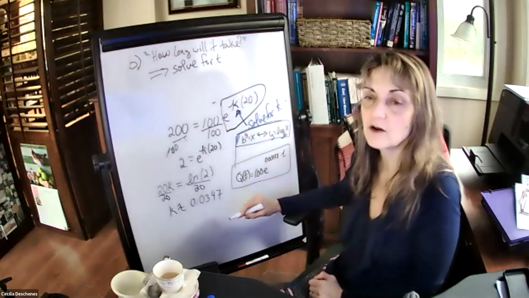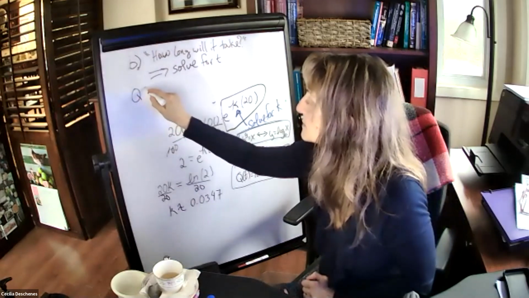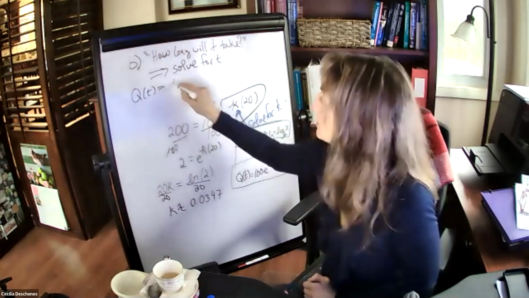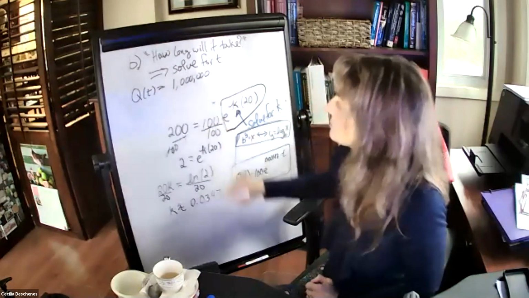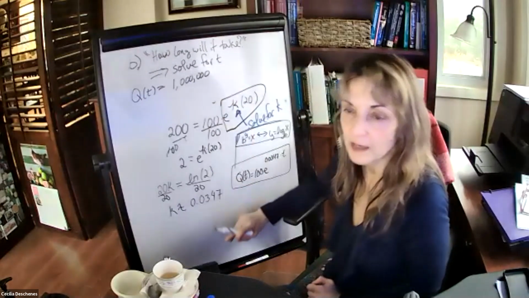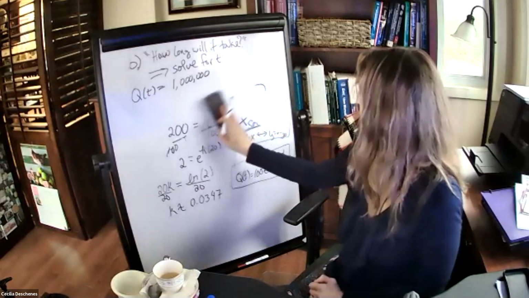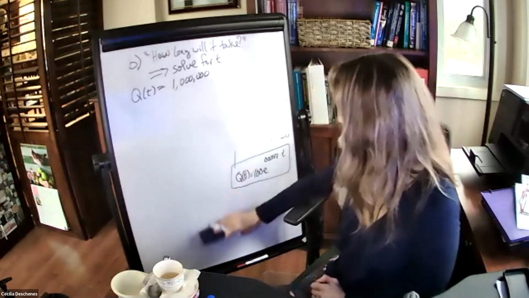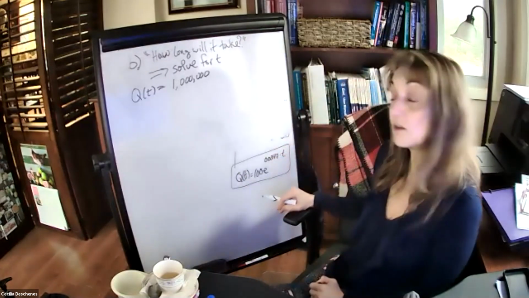And what we want to know is how long we're going to solve for T under the conditions where the quantity at some time T, which we don't know, is going to be 1 million. And so we know we're going to start out with 100 cells. We're going to use the equation we figured out in part A. We're going to put everything we know in here except the t, which is what we don't know.